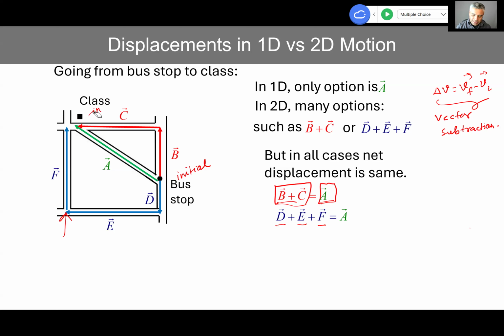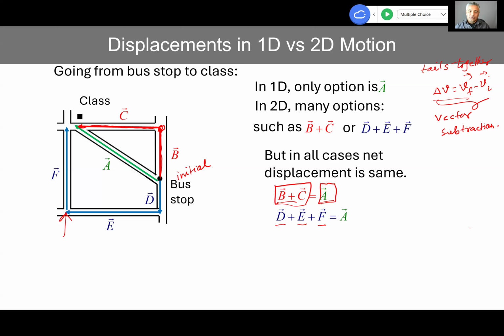First, let's look at B and C. So the tip of B, and C I'm drawing starting from the tip of B. So the tail of C is on the tip of B. Do you see that? For subtraction, we did tails together. Now we do not want to do tails together because we're not subtracting them. We are adding them.